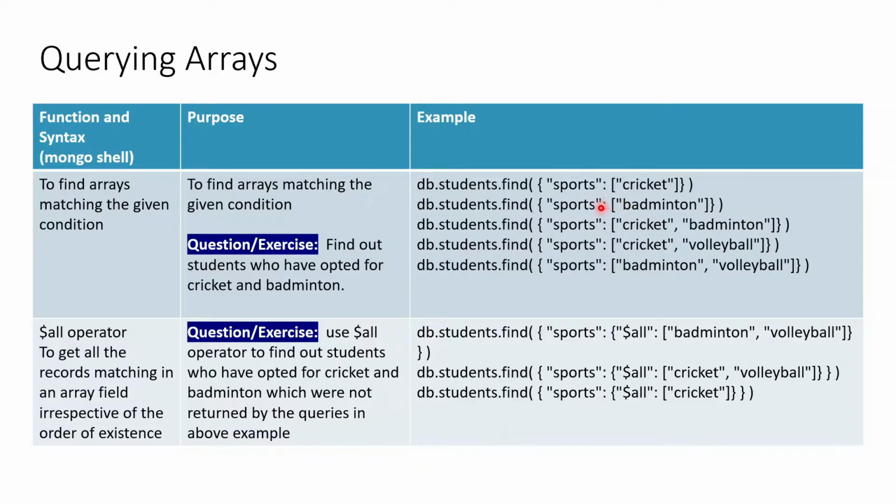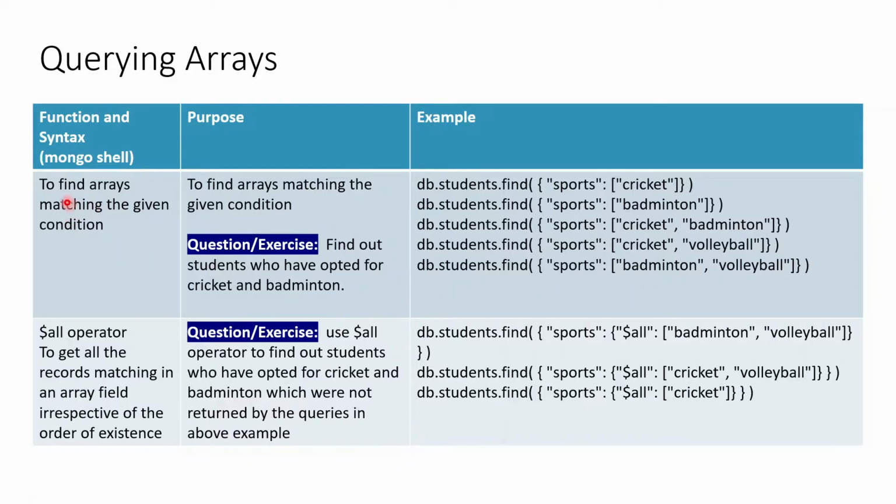We can make it a little more complex also, but for the sake of simplicity, to help you understand it better, I have kept only two or three items in an array. It could be 10, 20, or more than that, based upon your use case.